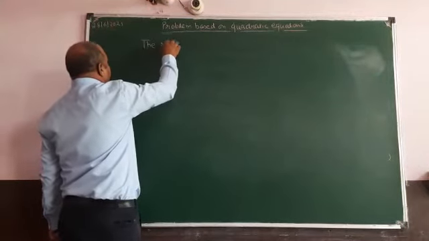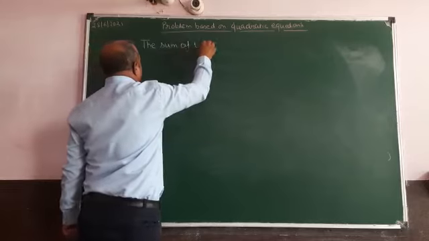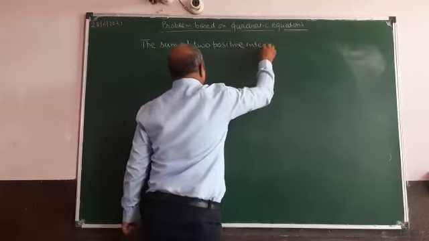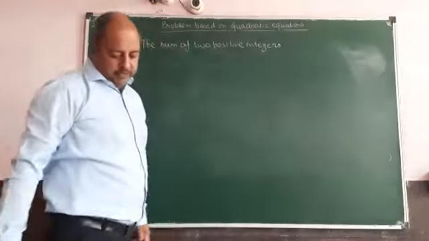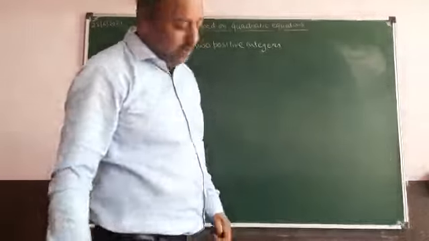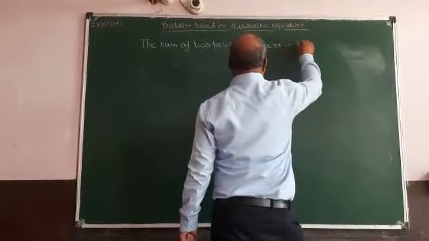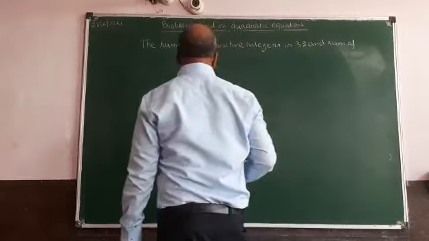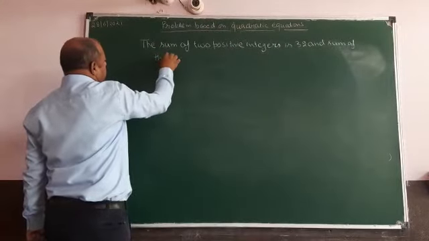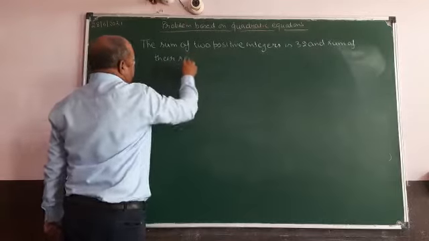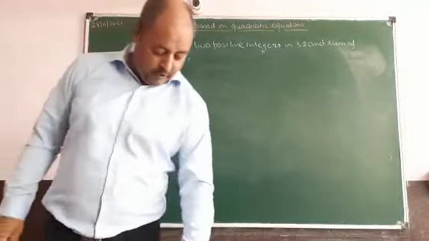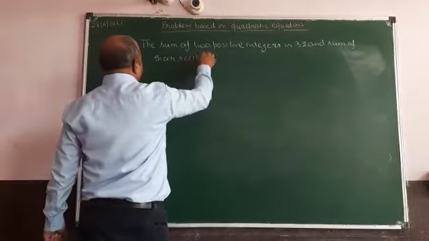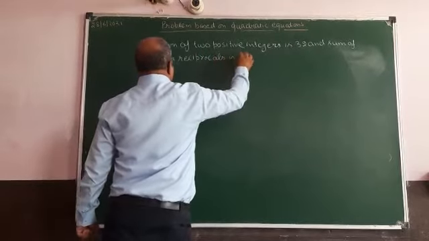The sum of two positive integers is 32 and the sum of their reciprocals is 1 by 6.